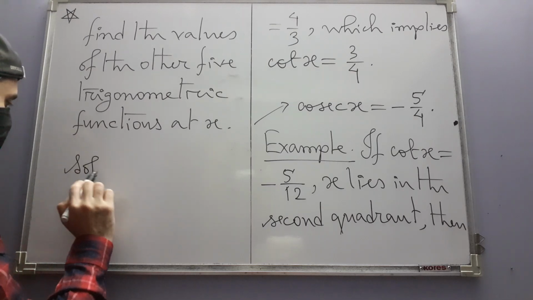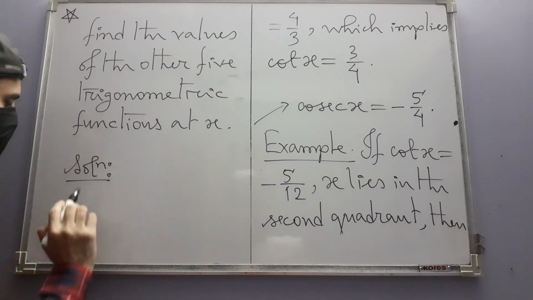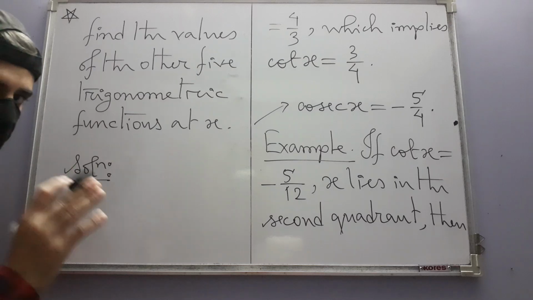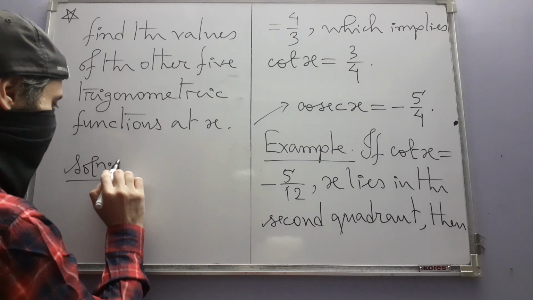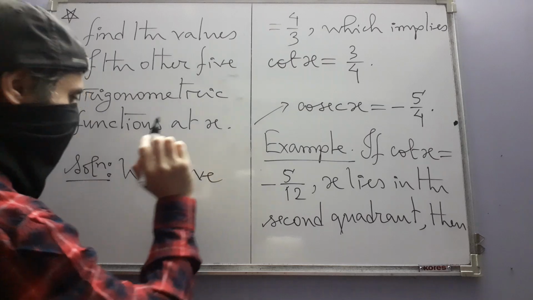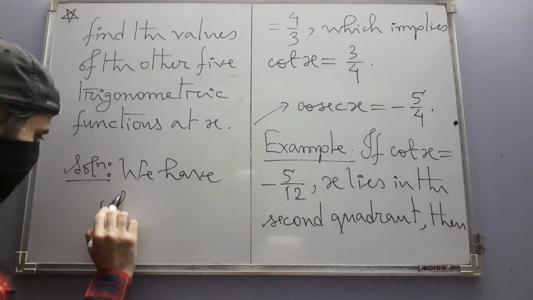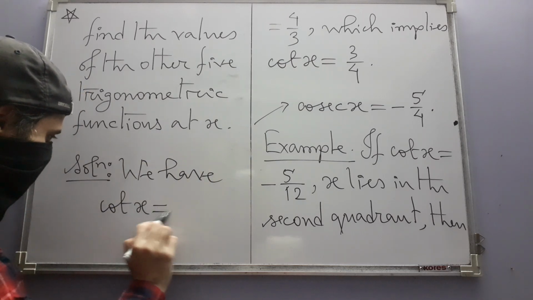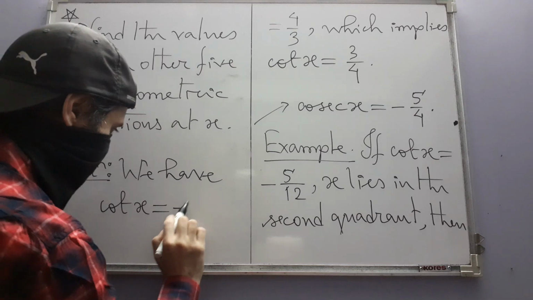Again, whenever you have one value, you immediately find its reciprocal. That's the first thing you do. We have cot x, unless that value is 0. Here it's not 0.